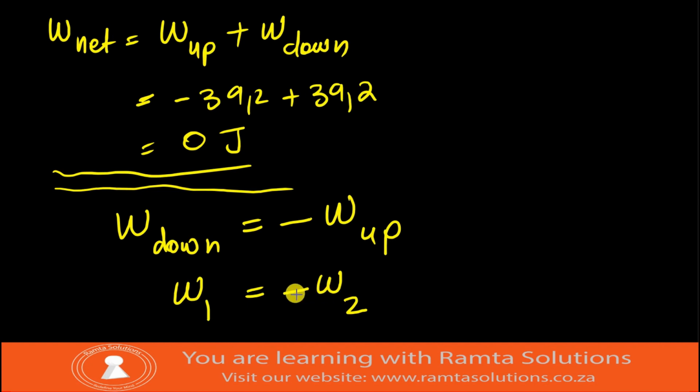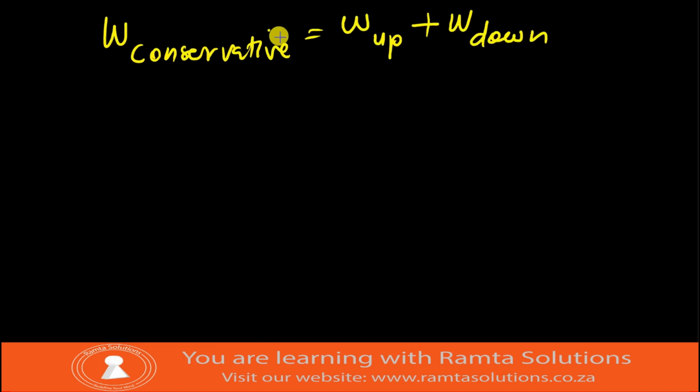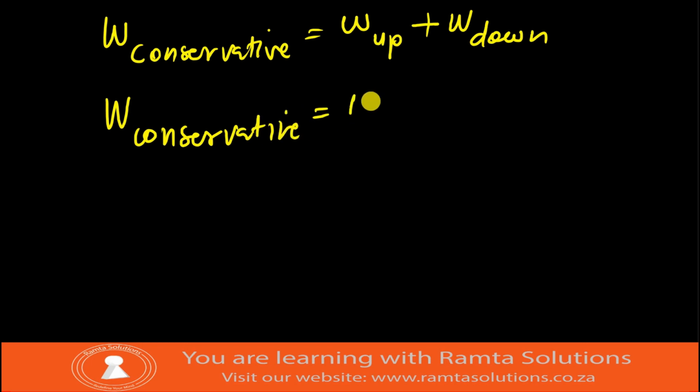So we can simplify this by saying that work done by a conservative force is basically potential energy initial minus potential energy final, right?